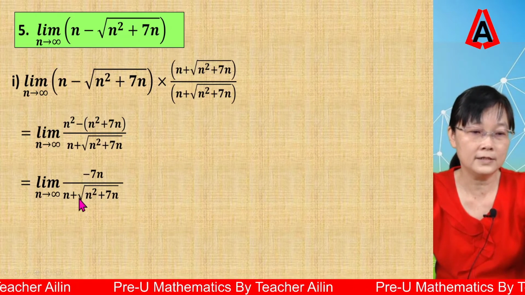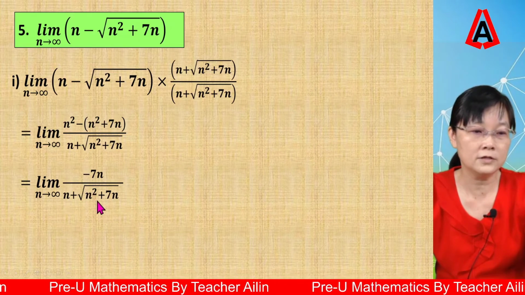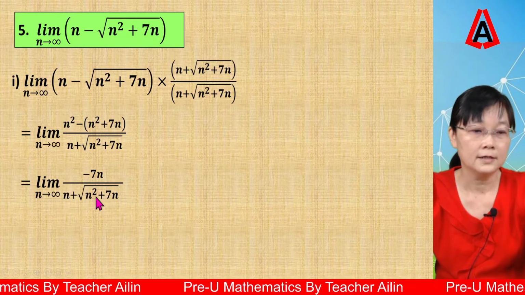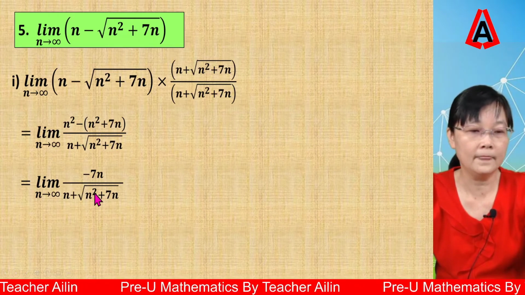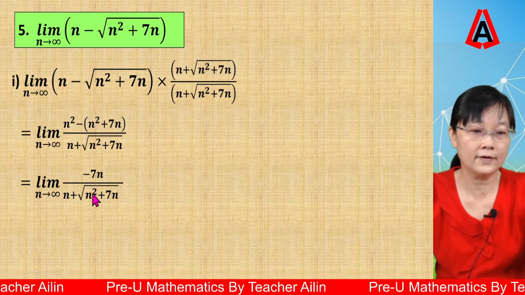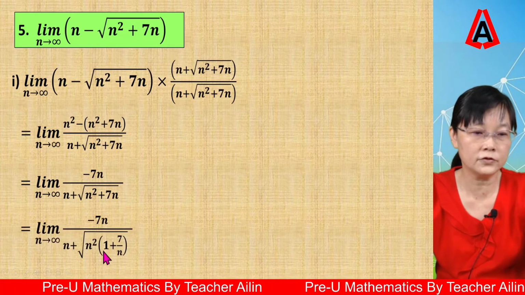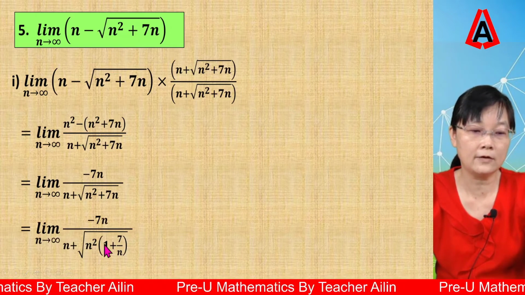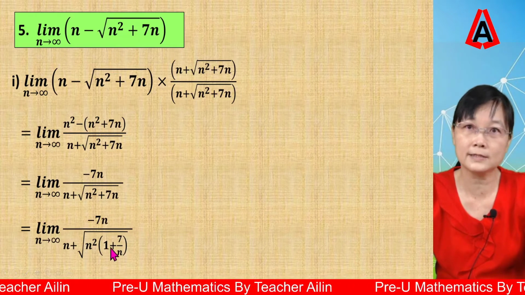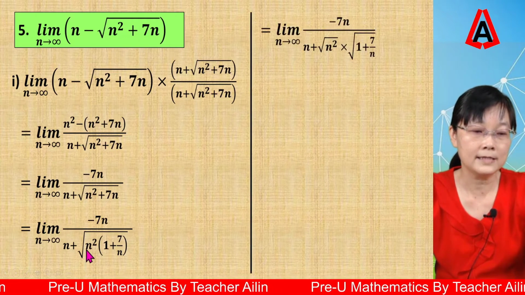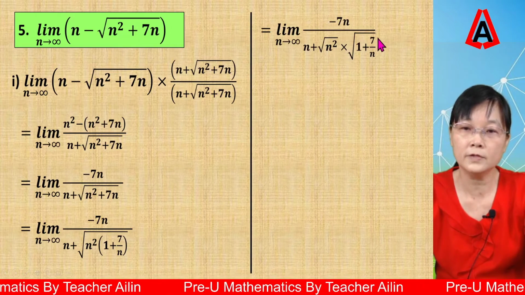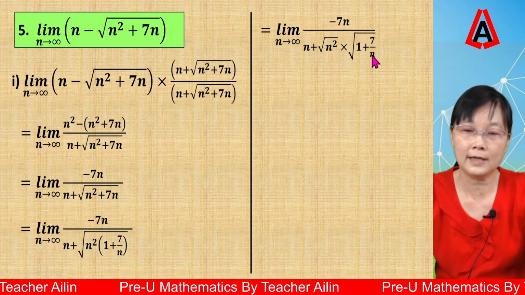So for this time, I'm not going to multiply with the conjugate. Here I have two options. Here I'm going to factorize the n power 2. When I factorize the n power 2, now I get something inside the brackets. Now I separate the square root of n power 2 and 1 plus 7n.